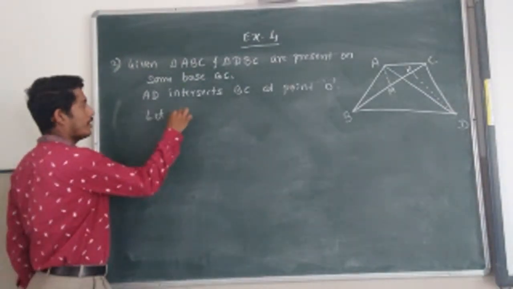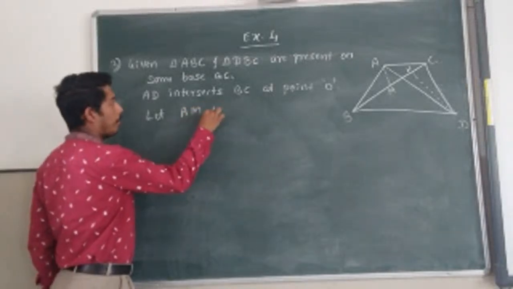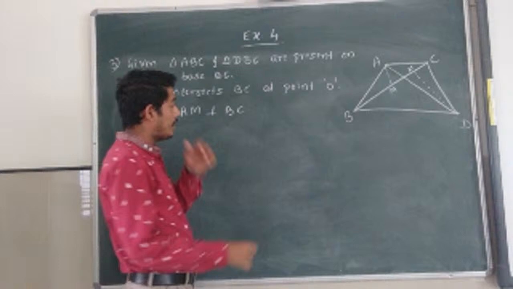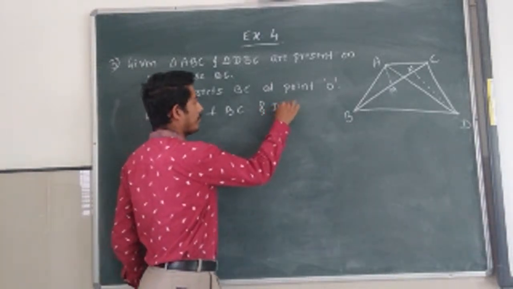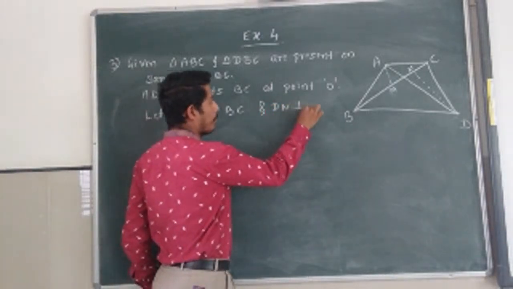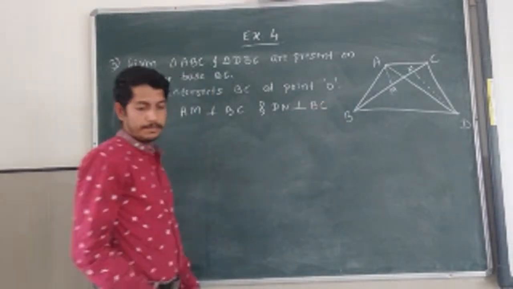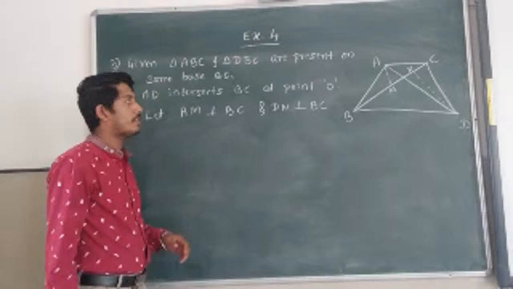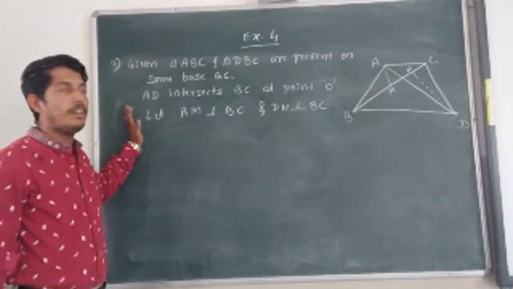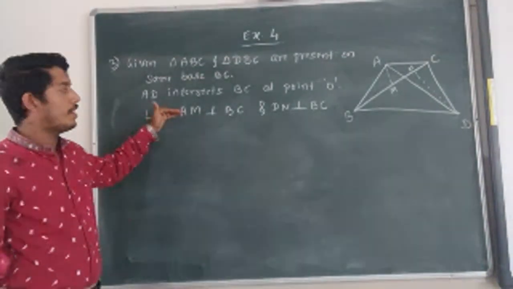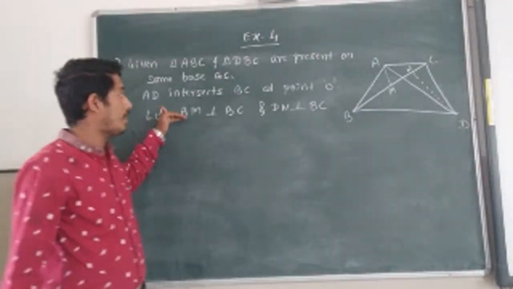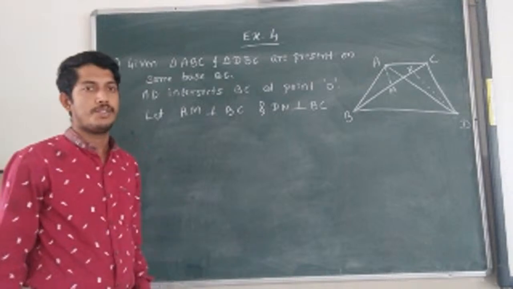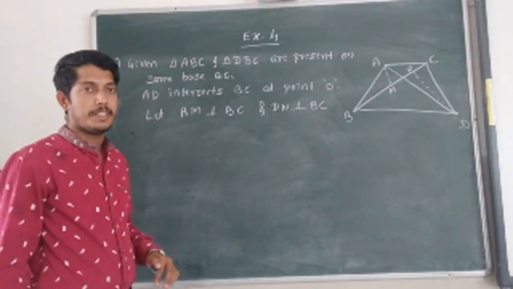Let AM be perpendicular to BC and DN perpendicular to BC. These are the two lines, AM and DN, which are perpendicular to the base BC.